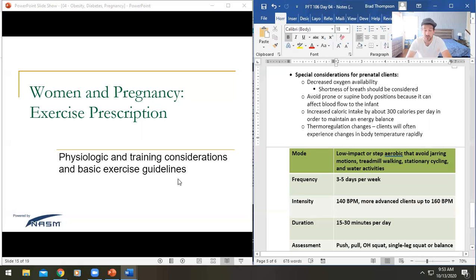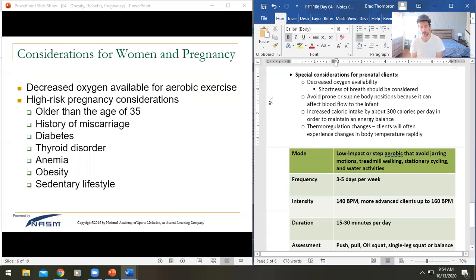All right, so now we're looking at pregnancy. Now, this is kind of an interesting one because it's like, what does that have to do with diabetes? Well, not much, but you're going to notice a lot of our adjustments are fairly similar to obesity. When it comes to pregnancy, a lot of times women will have decreased oxygen availability.